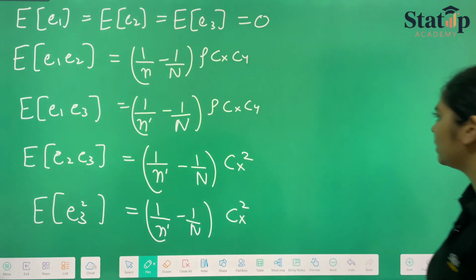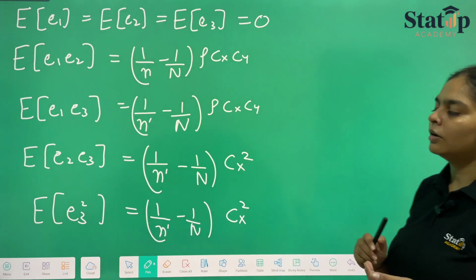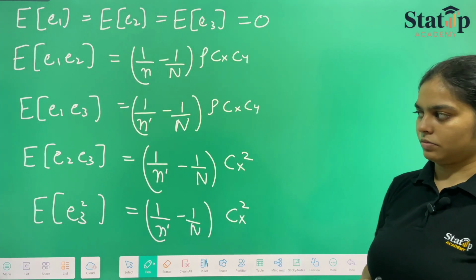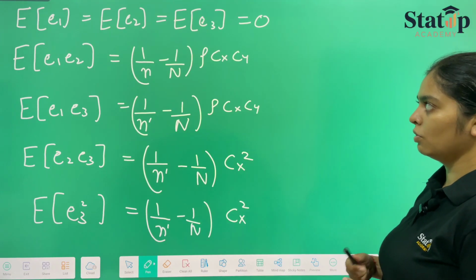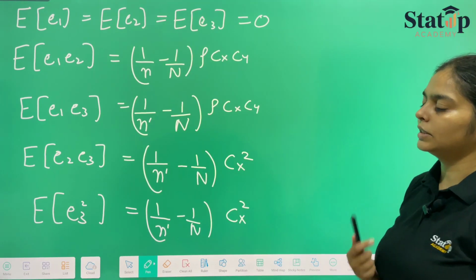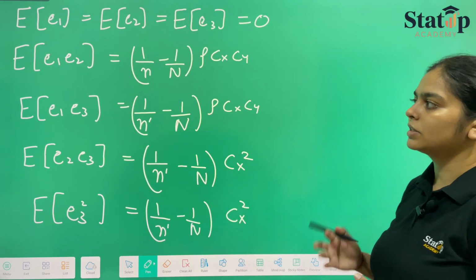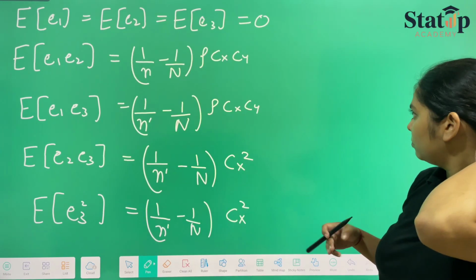This derivation we have conducted in the ratio estimator of single sampling as well. So if you want to know the derivation behind it, you can see that lecture, or if you have been covering the topic with us, then you know where these have come from.